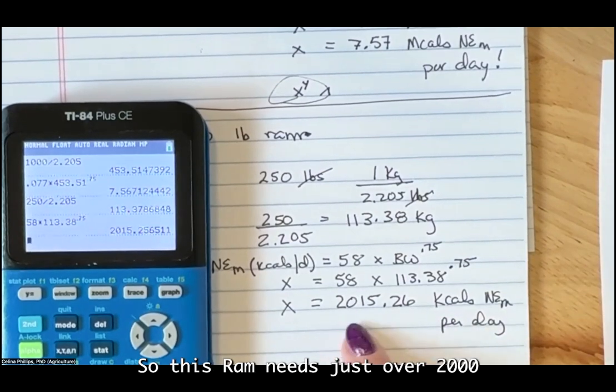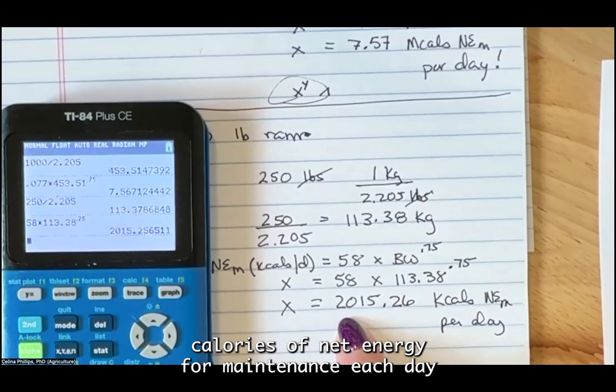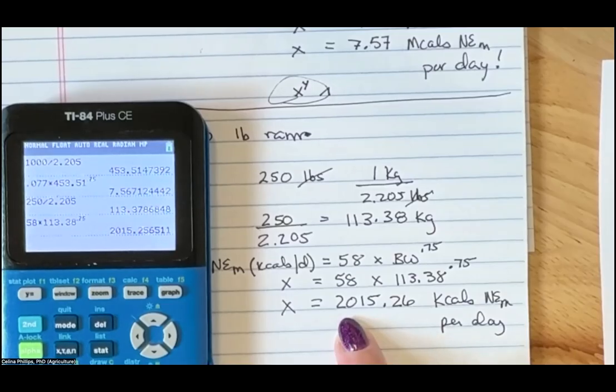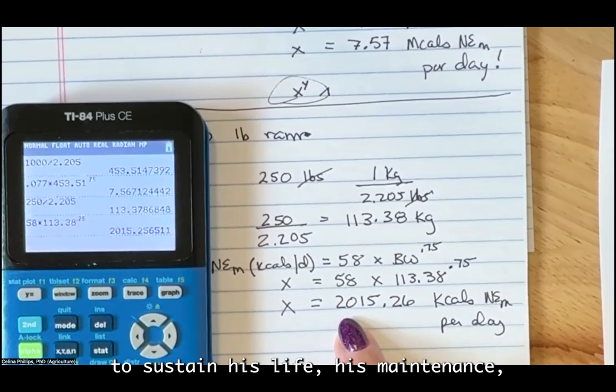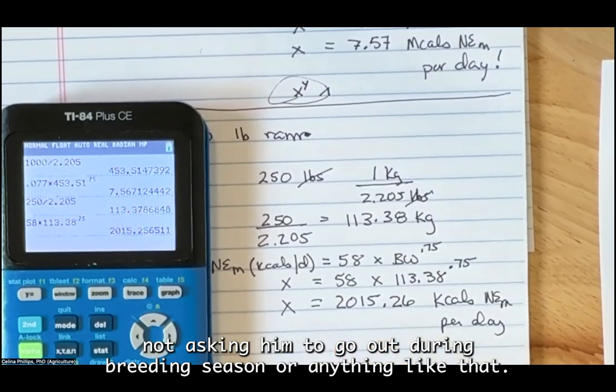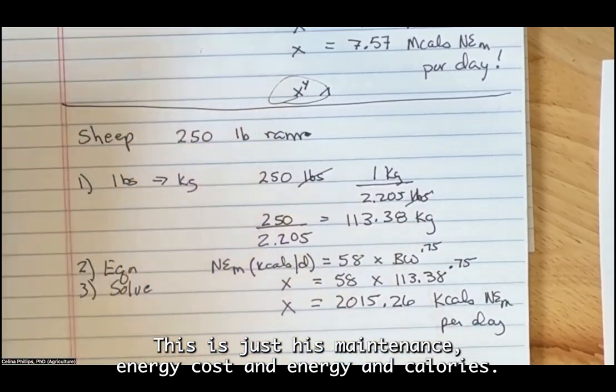So this ram needs just over 2,000 kcalories of net energy for maintenance each day to sustain his life, his maintenance, not asking him to go out during breeding season or anything like that. This is just his maintenance energy cost.